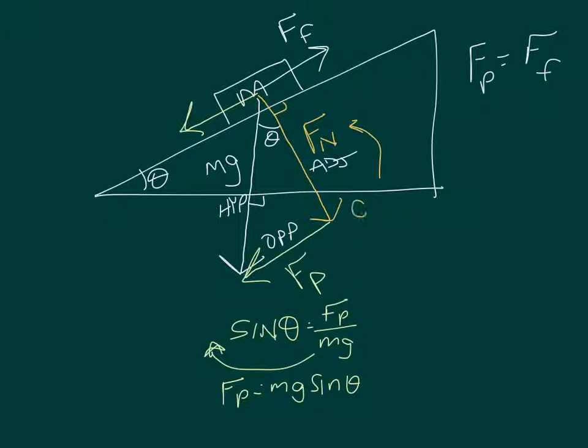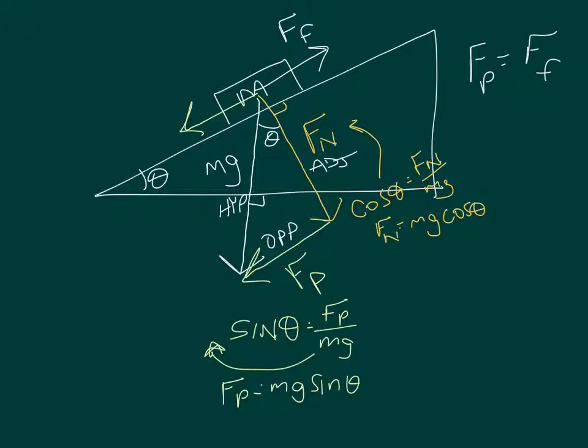So cosine theta is equal to the normal force over mg. So the normal force can always be found by mg cosine theta. And after you do a few of these for a while, you start to just realize that parallel force is always mg sine theta, normal force is always mg cosine theta.